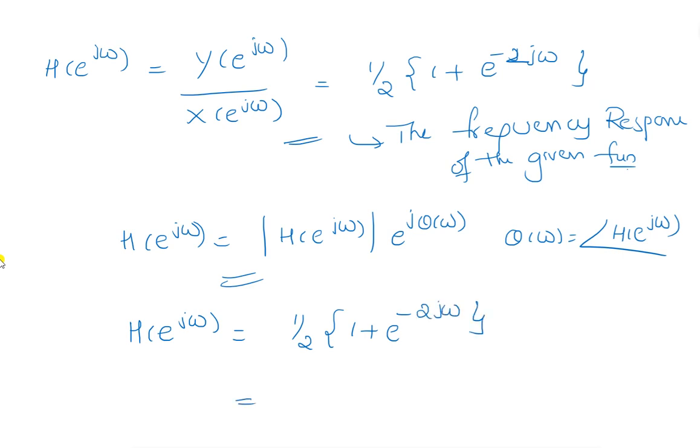This can be modified in terms of cos and sine: 1 by 2 into 1 plus cos 2 omega minus j sine 2 omega.